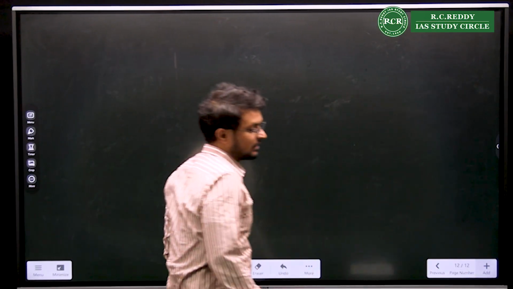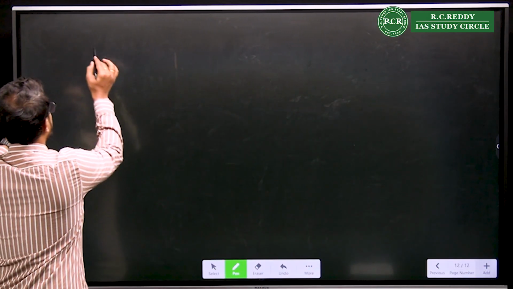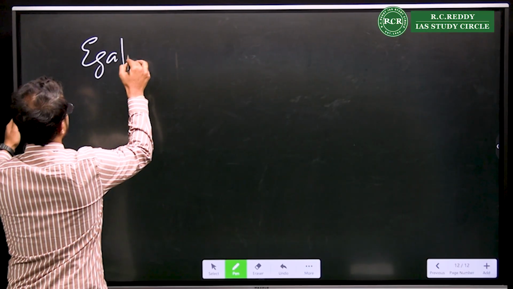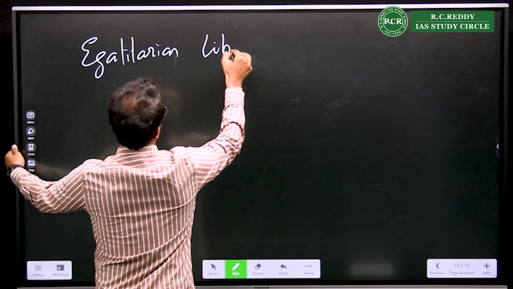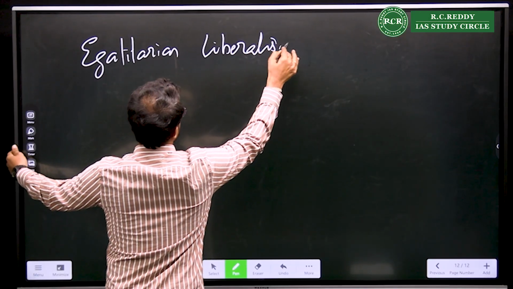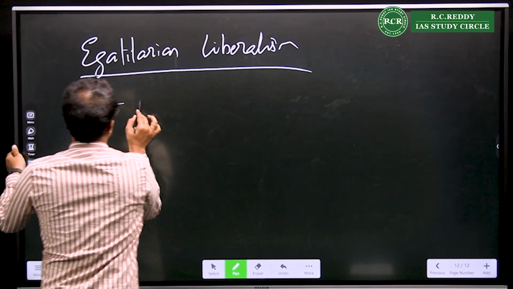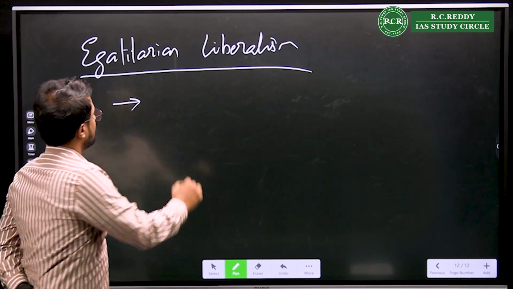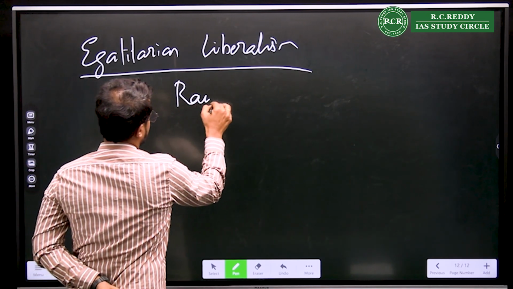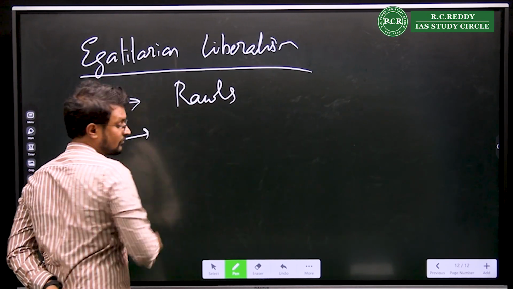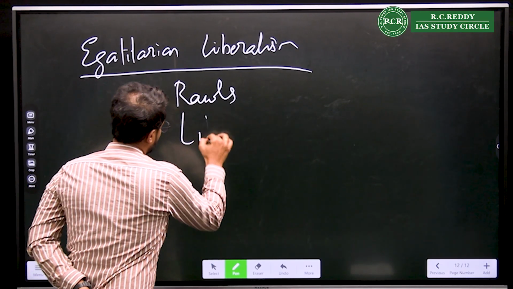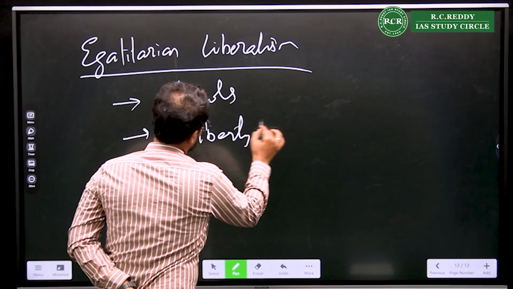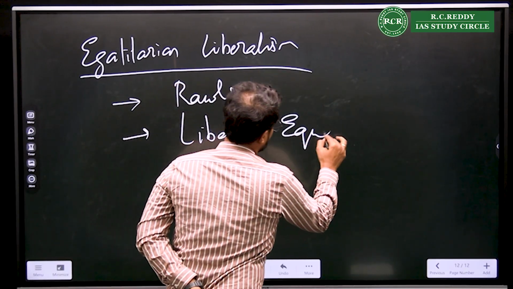The next one is egalitarian liberalism. Egalitarian liberalism is given by scholars like Rawls, where the focus is not just on liberty, but on equality also.